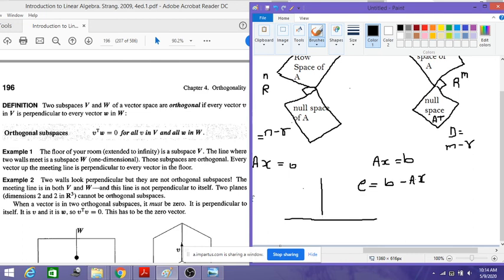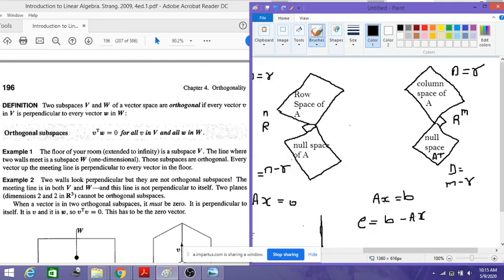So the line where the two walls meet is the subspace W, a subspace in one dimension, and those subspaces are orthogonal. Every vector along the meeting line is perpendicular to every vector in the floor.